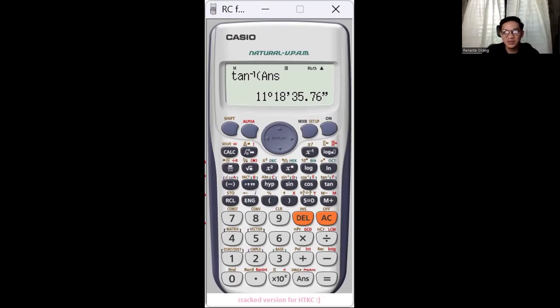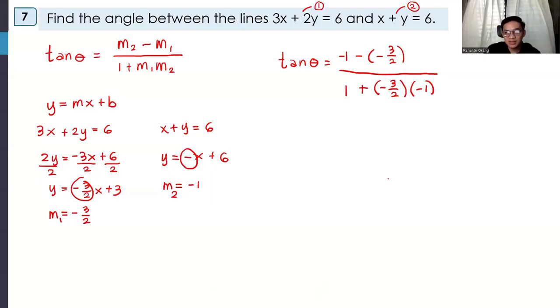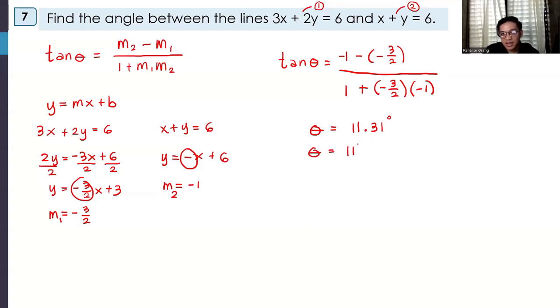So, it depends on our choices. So, let's write our angle is equivalent to 11.31 degrees. But if it is in 11 degrees and 19 minutes, again, 11 degrees and 19 minutes. So, it depends which of the two is in our choices. This is our final answer.